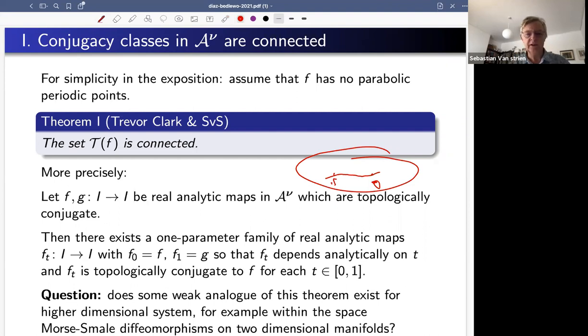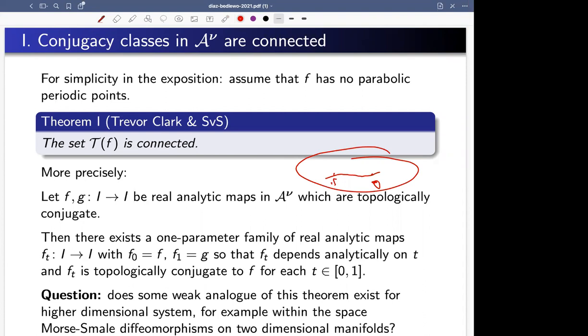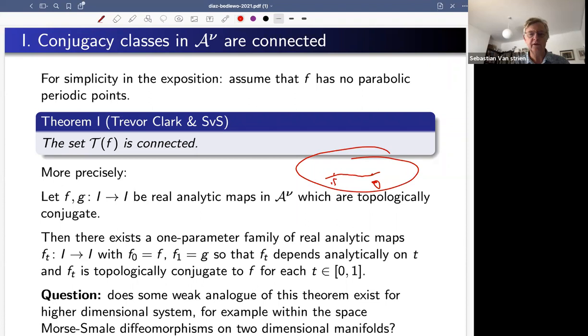So you can find a real analytic family of maps that connect the two. And of course, in general, you can't expect this in higher dimensional systems. It's more than connected, it's path connected. Path connected, yeah. In this case, it's path connected. It's even better than connected.